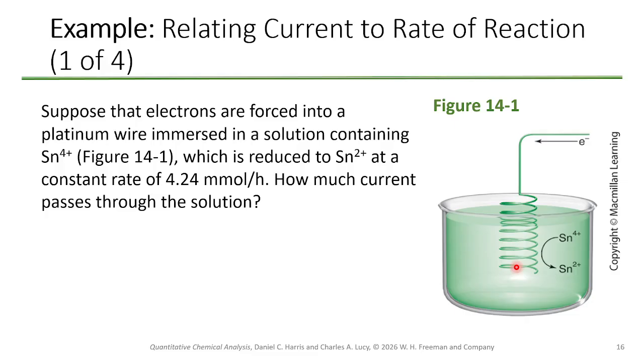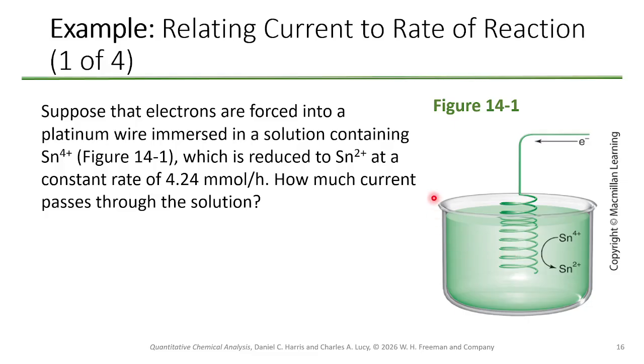Now, suppose the electrons are forced into a platinum wire immersed in solution containing Sn4+, which is then reduced to Sn2+ at a constant rate of 4.24 millimoles per hour. How much current passed through the solution? So when we're talking about this charge, this charge is directly proportional to the number of electrons, isn't it?